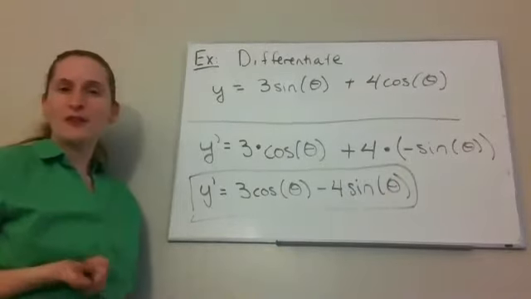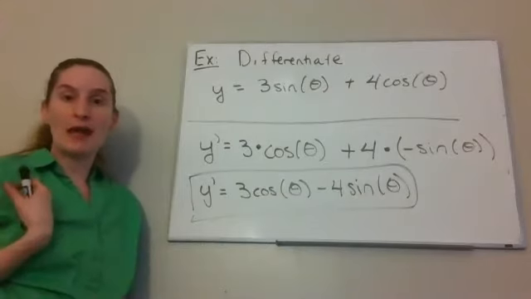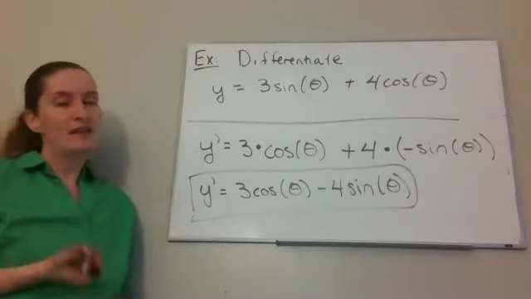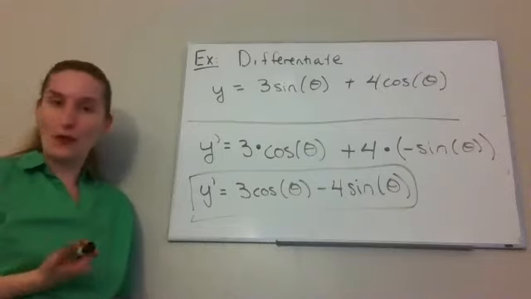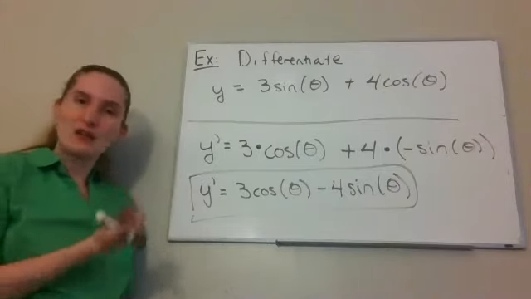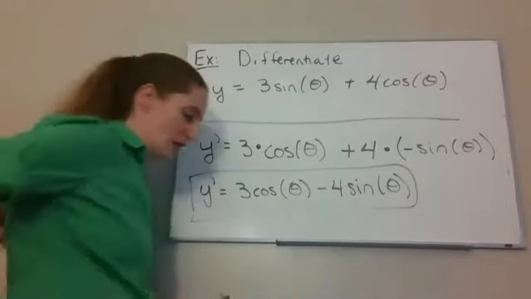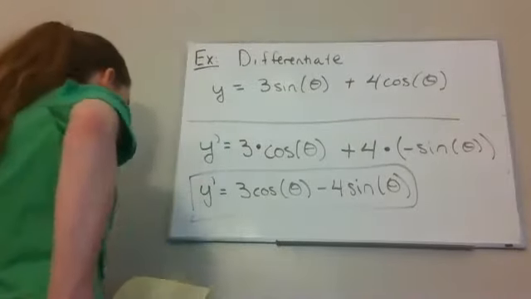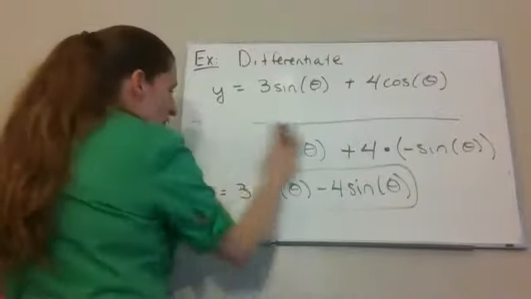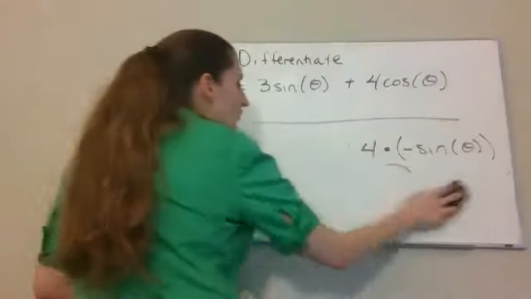So in the last video, we also talked about how we have higher order derivatives, second derivatives, third derivatives, fourth derivatives, and now we can use these rules to calculate those rather than using the definition. So we're going to do an example of finding a higher order derivative of one of these trig functions.